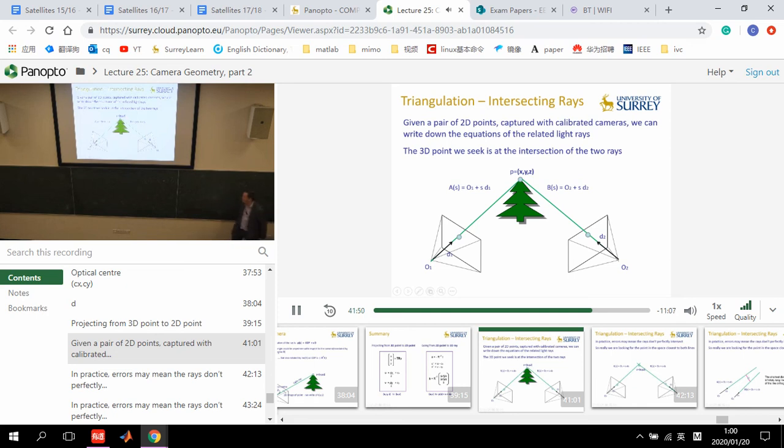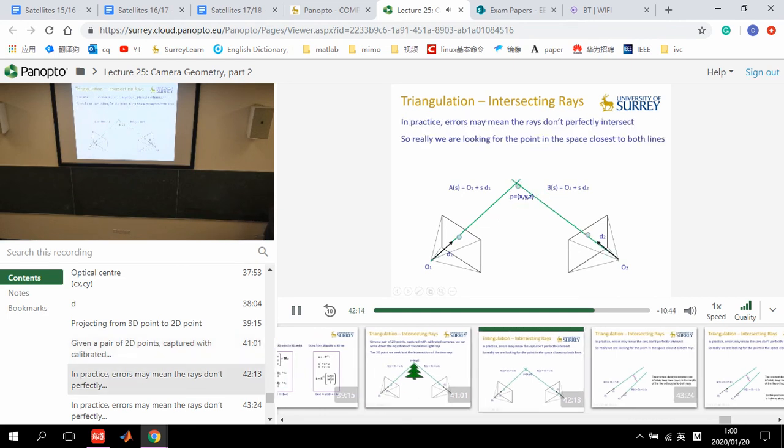So parametric line number 1, or ray number 1, from our first viewpoint is going to be A of S equals O1 plus S D1. And if we did the same for the second viewpoint, B of S is O2 plus S D2. Our mission then is to intersect parametric lines A of S and B of S, and that will give us our point P.